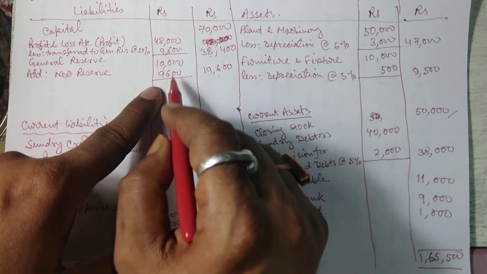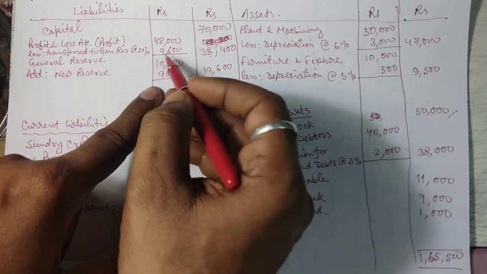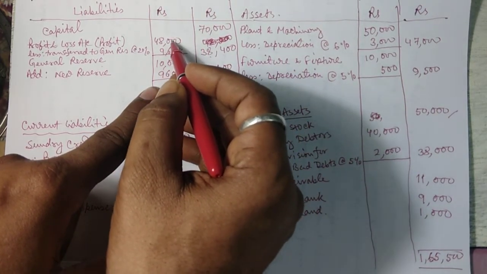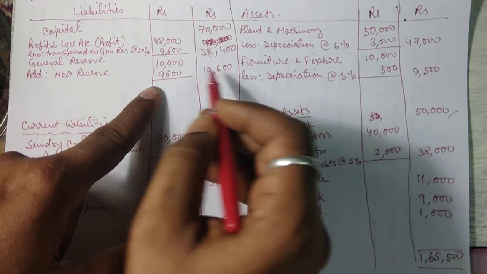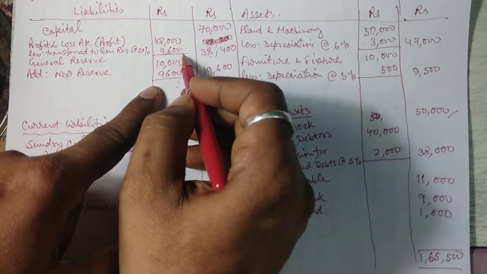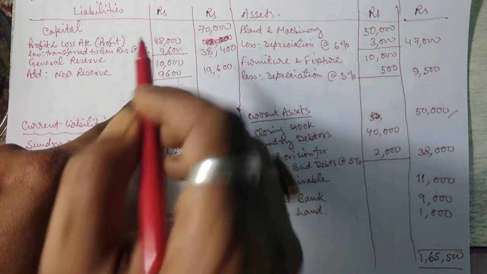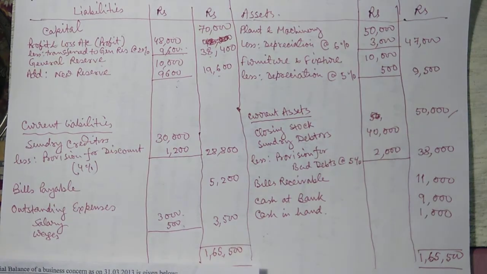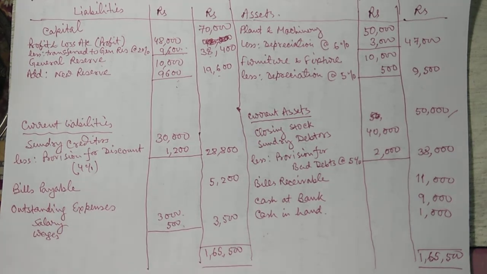Here 9,600 was transferred from profit and loss account to general reserve. So 9,600 was deducted from profit and loss account, and at the same time it was added to general reserve. So it is an adjustment entry, and 9,600 has been considered twice. Clear? So in this way you have to prepare balance sheet. I hope we have learned, and you have to practice final accounts for accuracy. Okay, thank you.